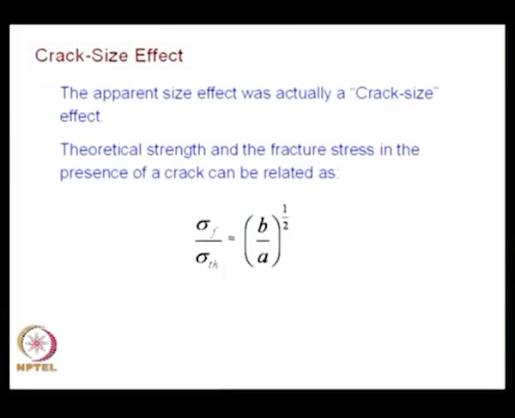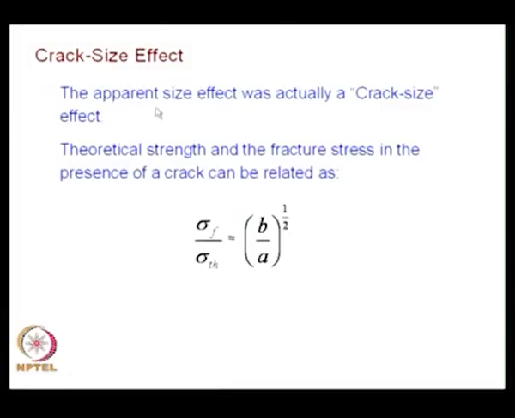We have looked at from very simplistic analysis that you get energy from strain energy for the formation of two new surfaces, and we were able to get the expression for fracture strength.